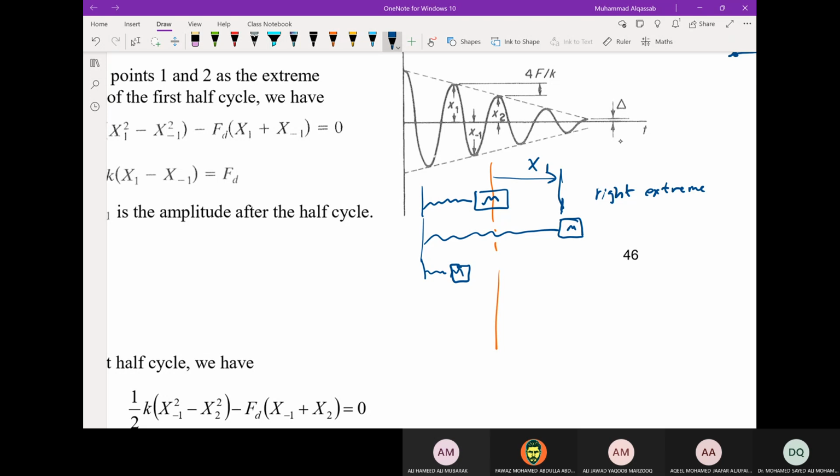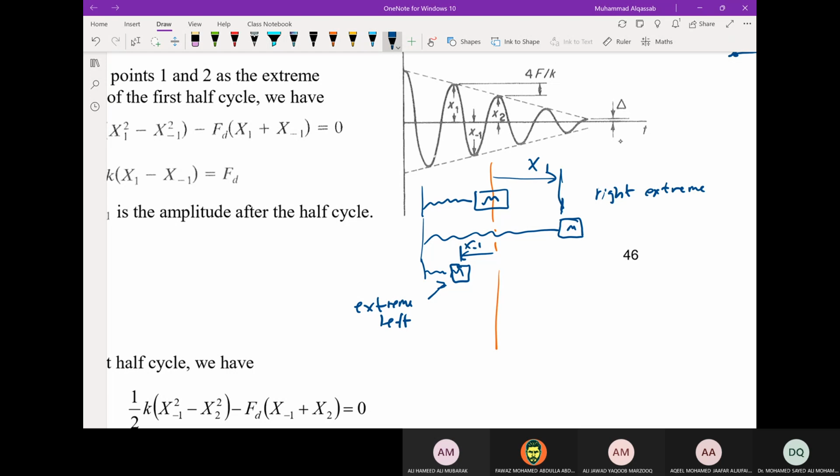And this is the extreme left, and we will call this position X of -1, extreme left.